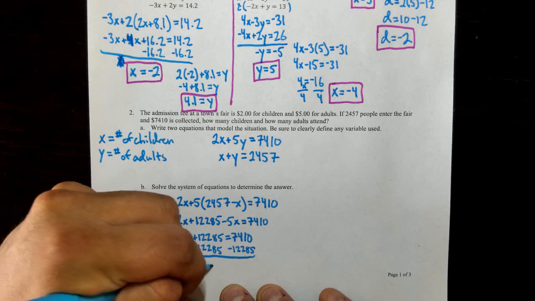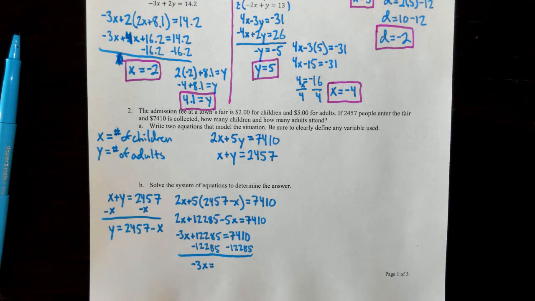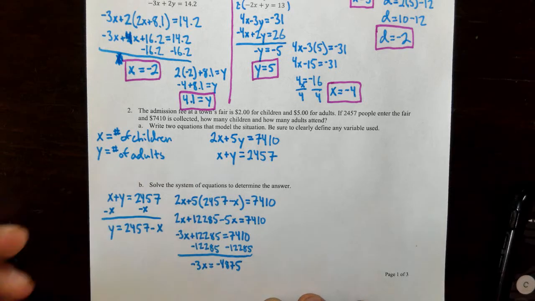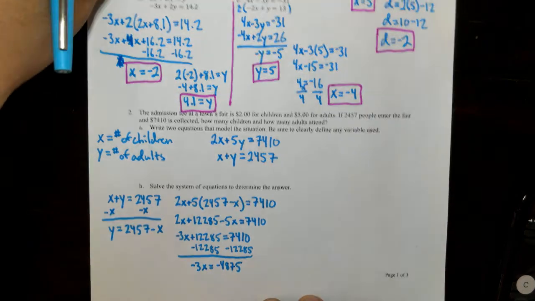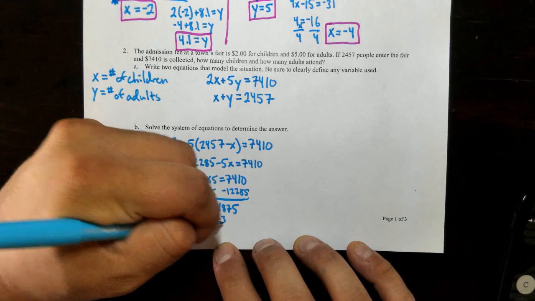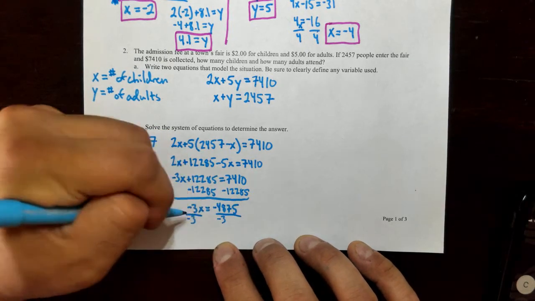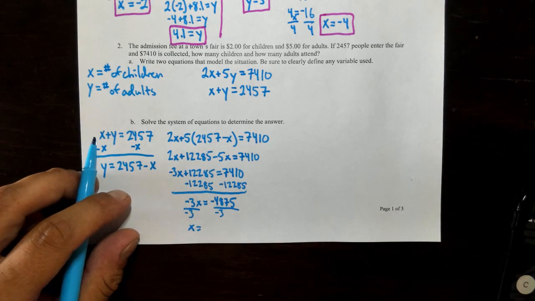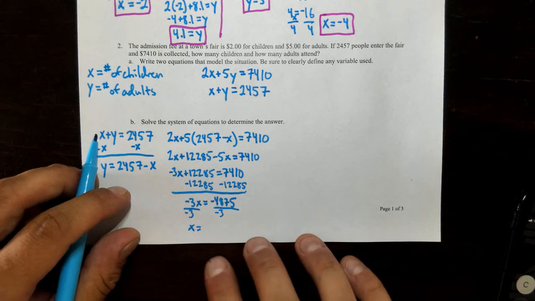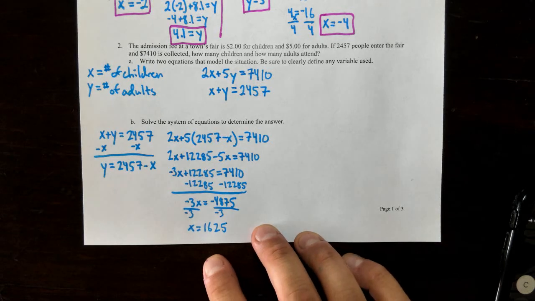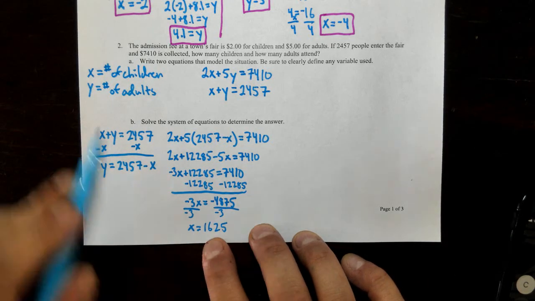So negative 3x is equal to negative 4,875, and then divide both sides by negative 3. So x is equal to 1,625.